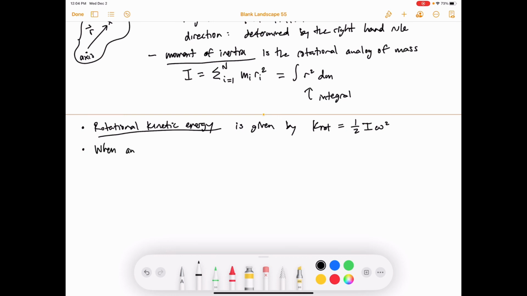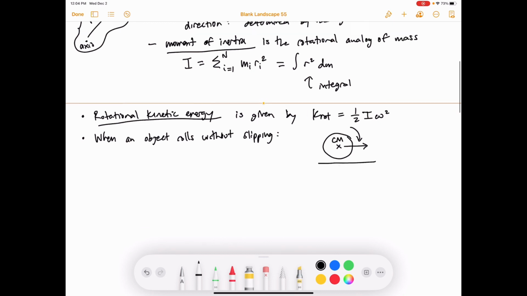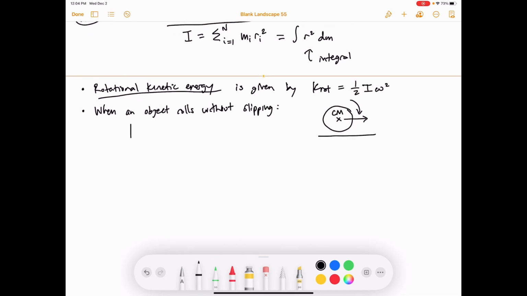So when an object rolls without slipping, so for example, a ball rolling along the floor, of course it will be rotating, but at the same time it will be translating, and what we mean by that is the center of mass is moving with some velocity. So if an object is rolling without slipping, we have the following relationships called the no-slip conditions.